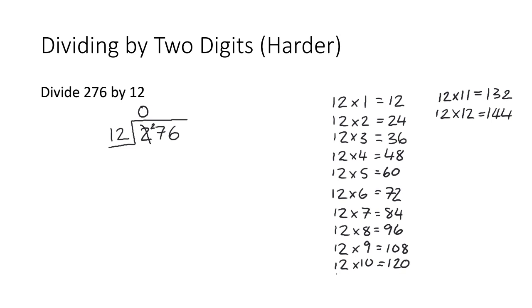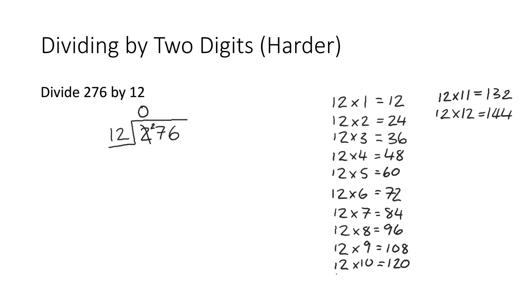How many times then does 12 go into 27? Well, if I look at my multiplication table here, I know that 12 times 2 is 24. And then I can see that 12 times 3 is 36. So 36 is too high.